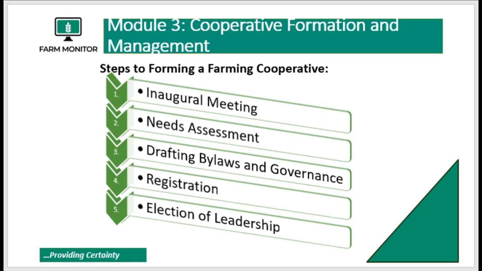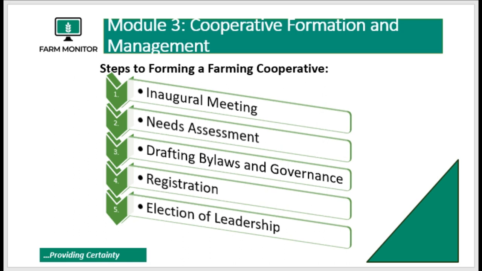It will also be essential to go to the next step, which is a needs assessment. Before formalizing the cooperative, it's good to conduct a needs assessment to identify the specific needs, the goals, and the expectations of the members. This assessment informs the cooperative structure and the activities of the cooperative.